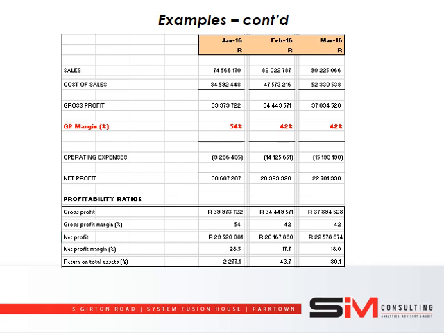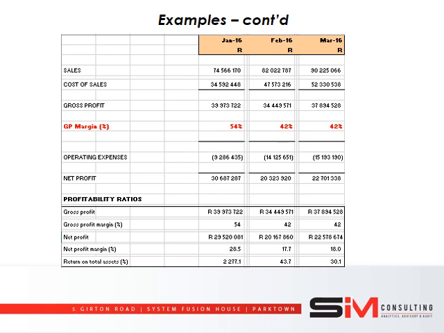The fifth one, return on total assets. For return on total assets, you take your total assets as indicated in your assets and liability report, and you divide that by sales, which is 74,566,170, multiplied by 100.